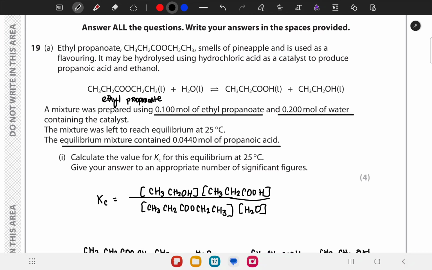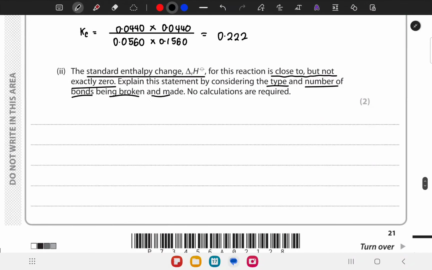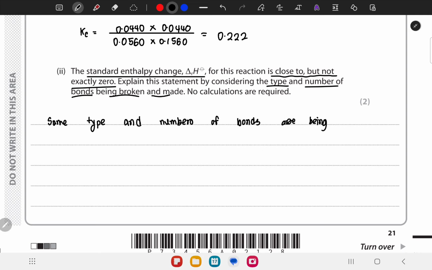The same type and number of bonds. So logically the standard enthalpy change should have been 0, but we are told that it's close to but not exactly 0.